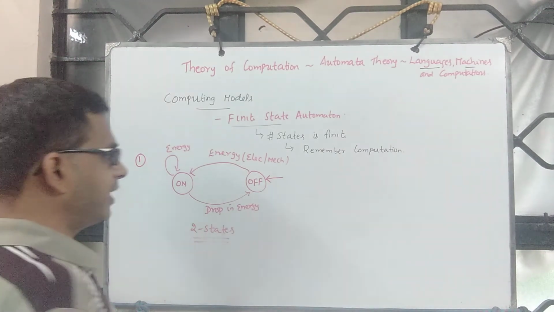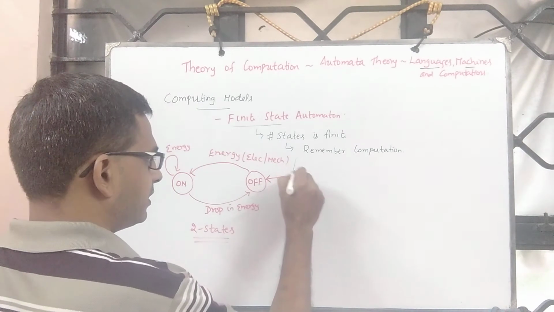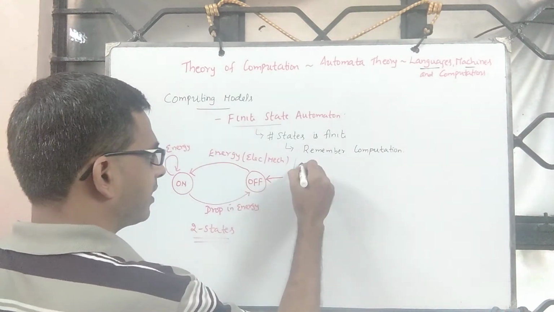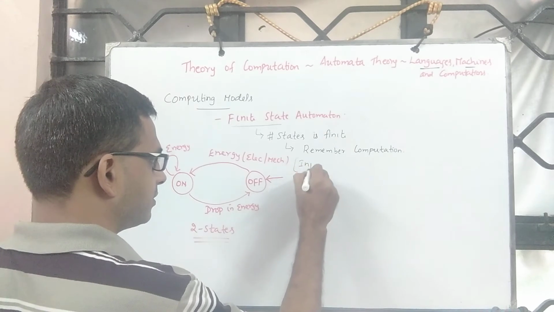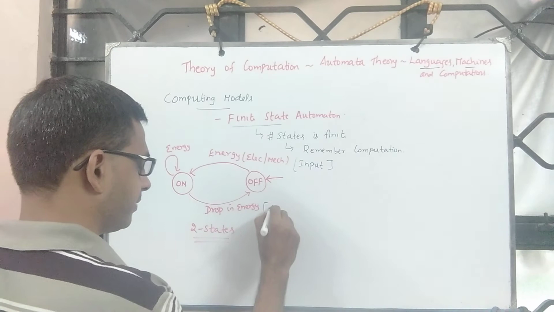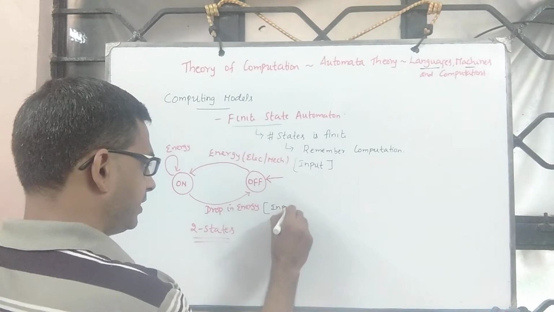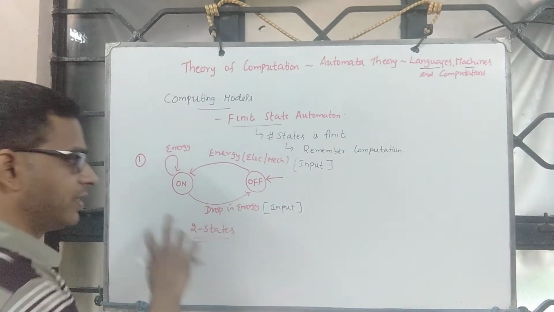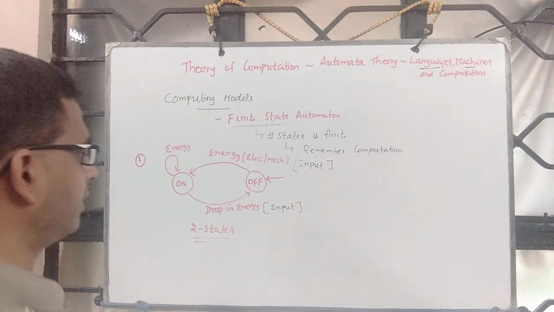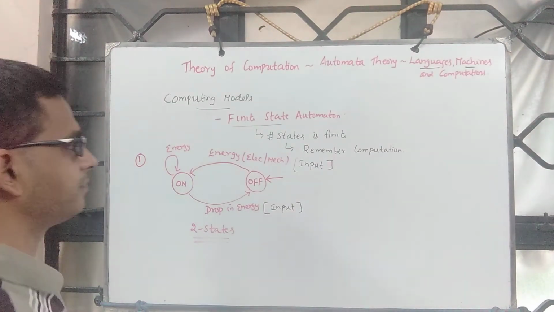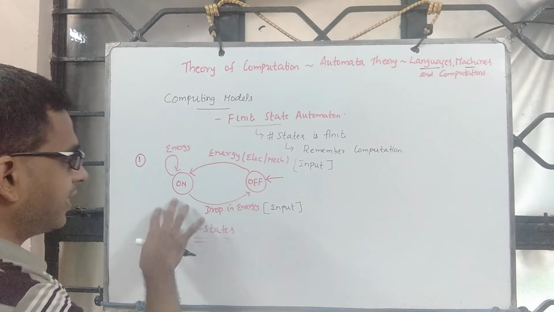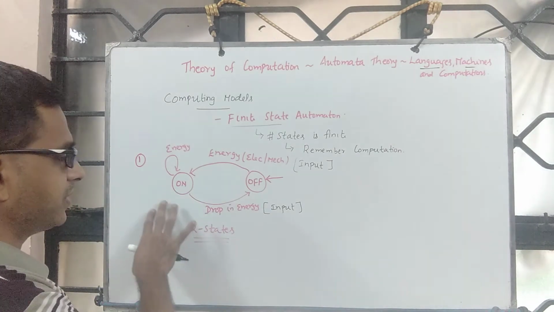So in particular, supplying energy or pulling back, formally we say this is an input. This is also an input. And it is this input that changes the operation of the machine from this state to this state. And this state tells you that I received some energy due to which I am here.